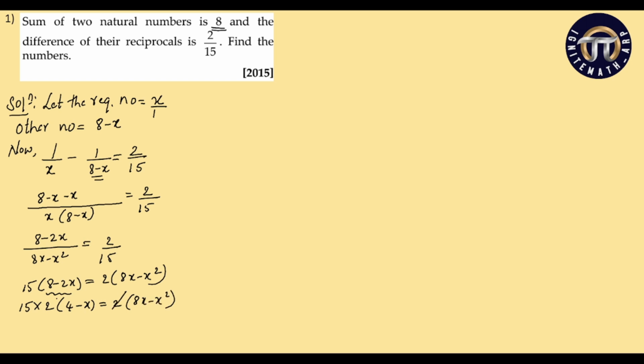So that 2 and 2 will get cancelled. Now I am left with, children, 15 into 4 minus x is equal to 8x minus x square. Now I'll multiply this. So 60 minus 15x is equal to 8x minus x square.